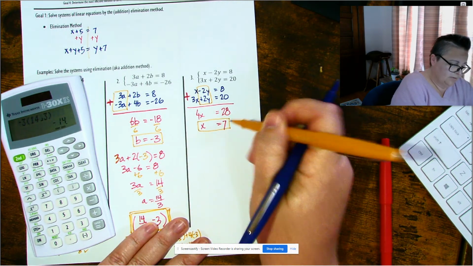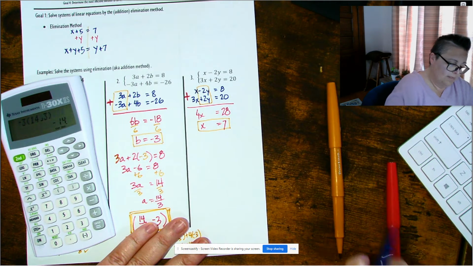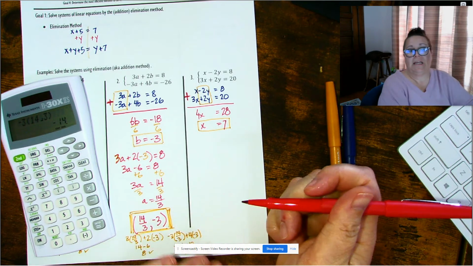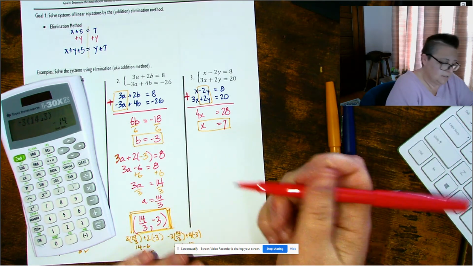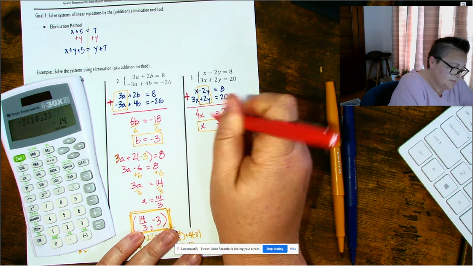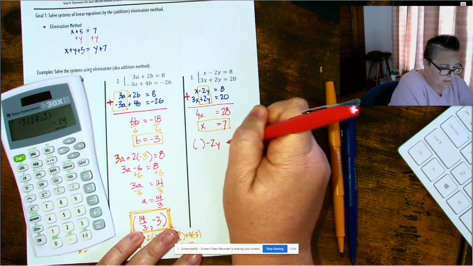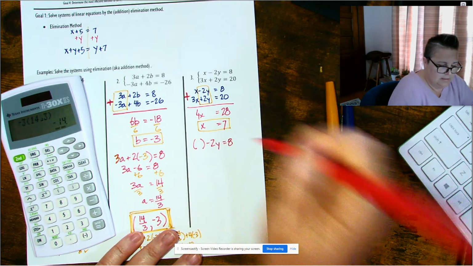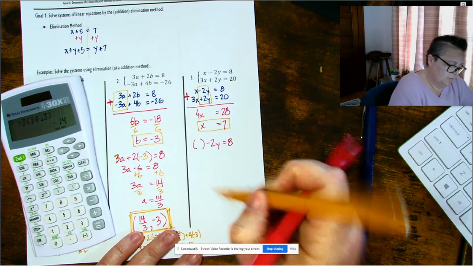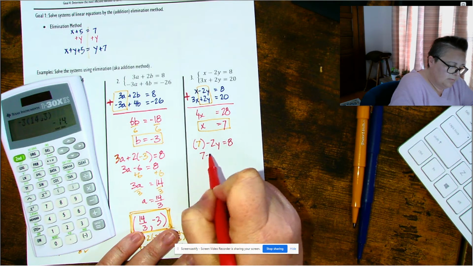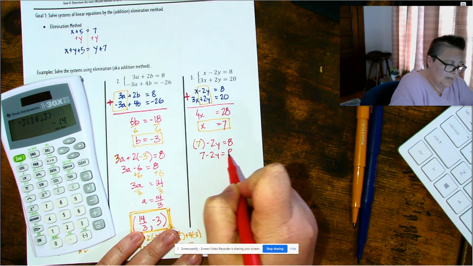Once I have an x value, I can then put this into either equation, the first equation or the second. I'm going to go with the first equation. With x as 7, that'll be 7 minus 2y is equal to 8.